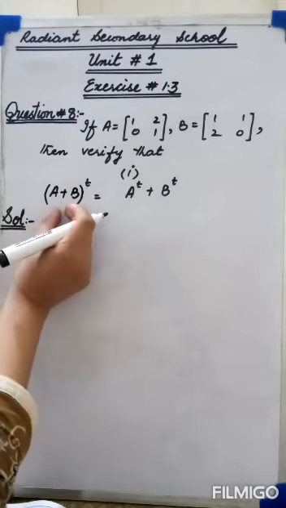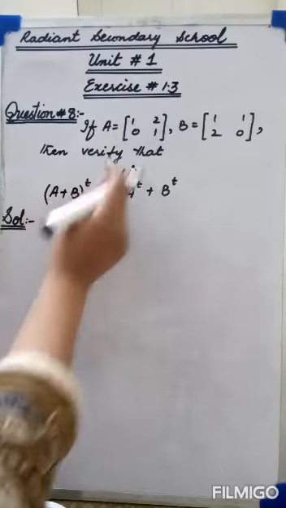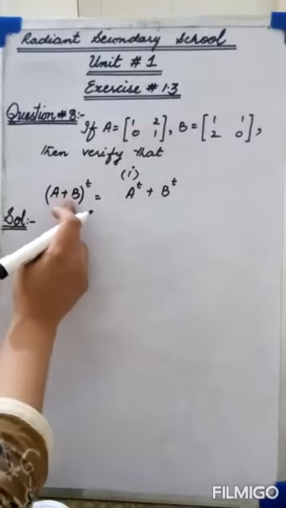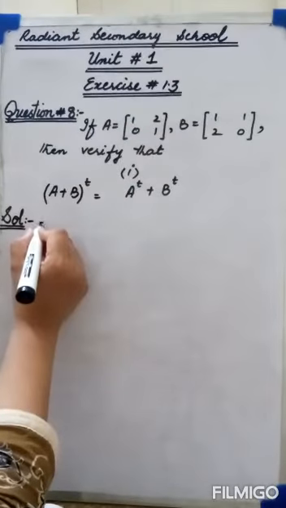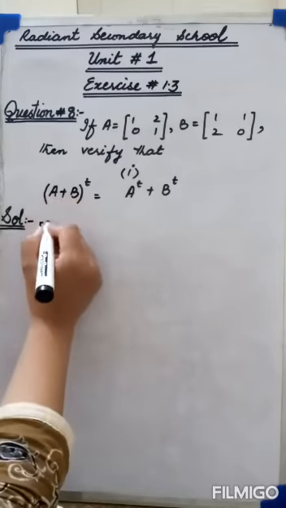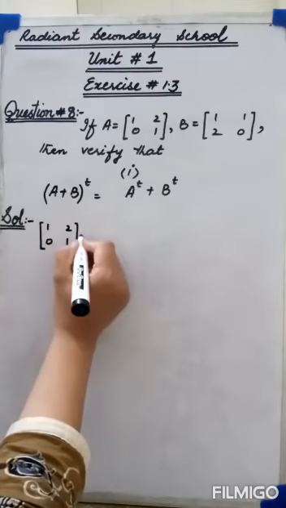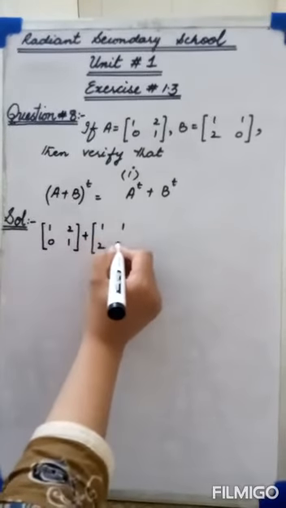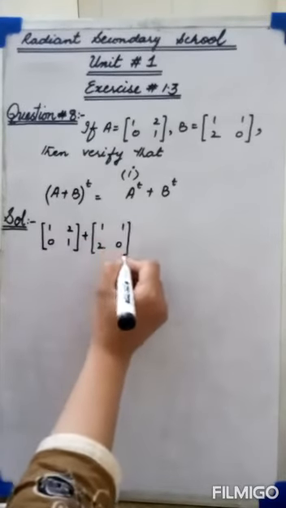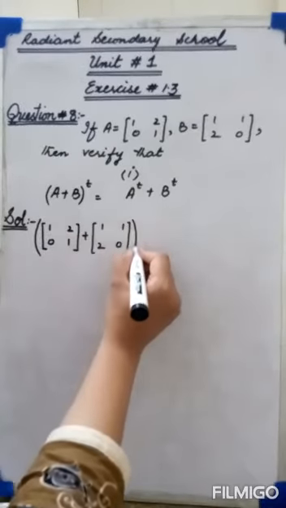In this, we just have to put the values of the given matrices. Instead of A, I am going to write this matrix, and instead of B, I am going to write this matrix B. So the condition will be matrix A 1 2 0 1 plus matrix B 1 1 2 0 and then whole transpose, right?